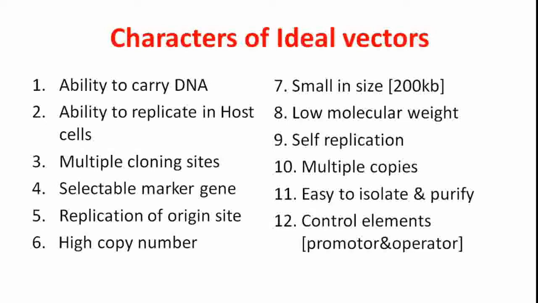It should be easy to isolate from the host cell. It must be small in size with a low molecular weight, and should have an ability to self-replicate. And this ideal vector must have multiple cloning sites with selectable marker genes.